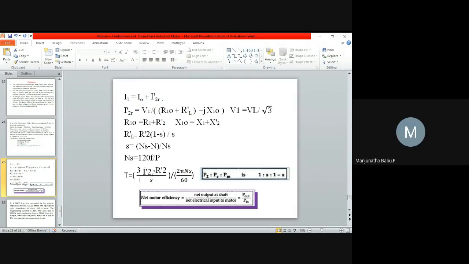Since it is three phase, we are multiplying by 3. I2', R2' and slip we know, so find P2.